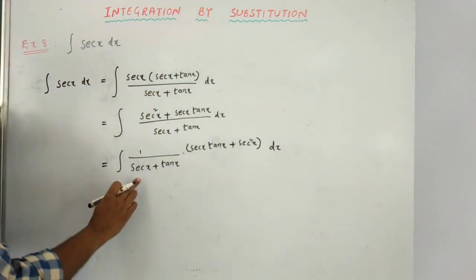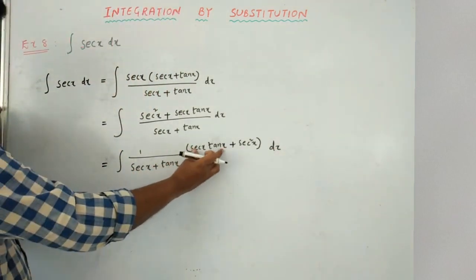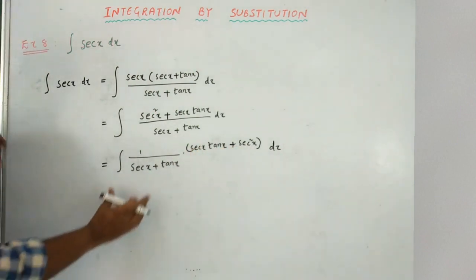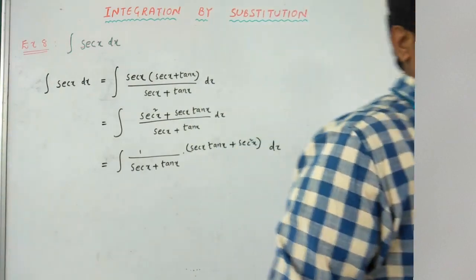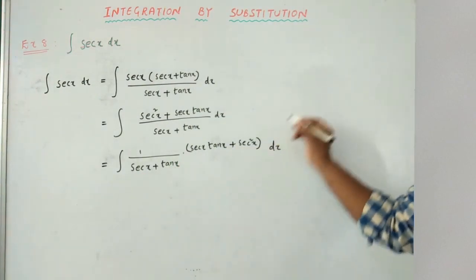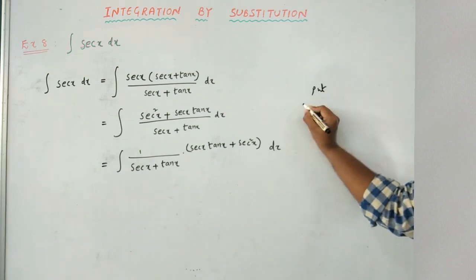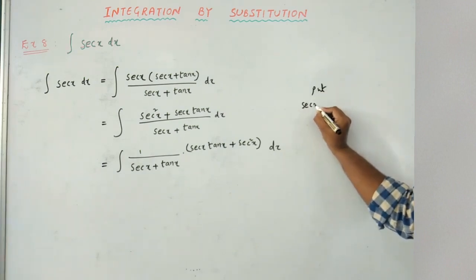The derivative of secant x is secant x tan x. The derivative of tan x is secant square x. So take the substitution as t. Put secant x plus tan x equals t.